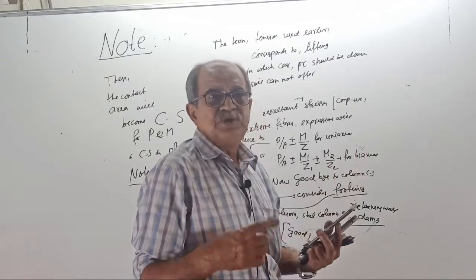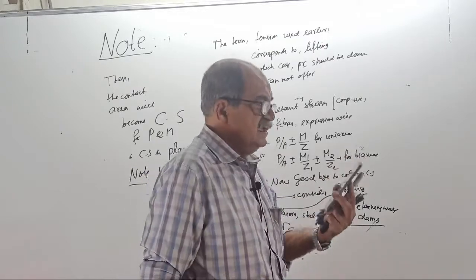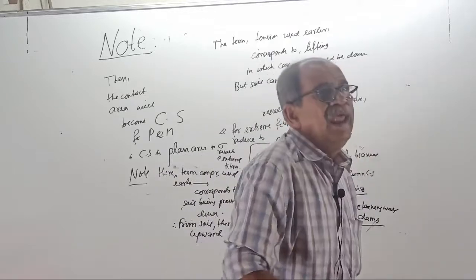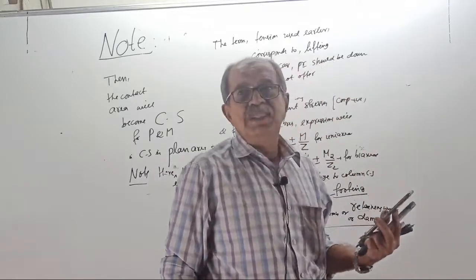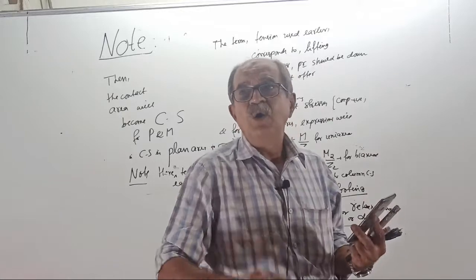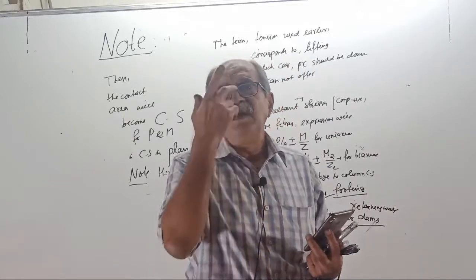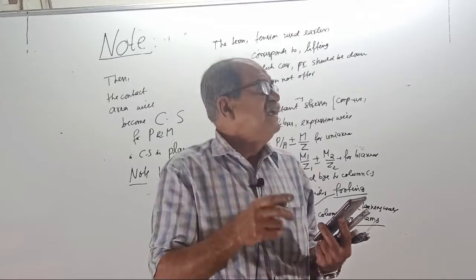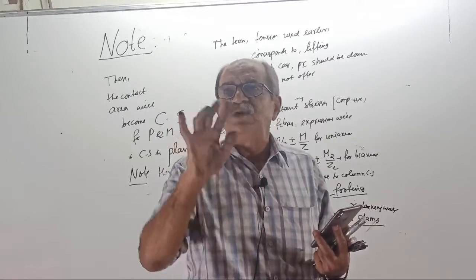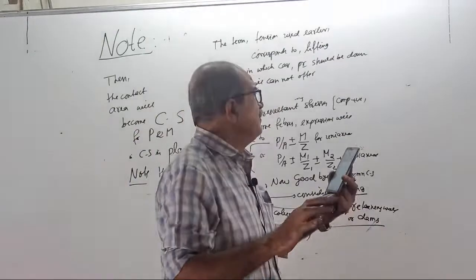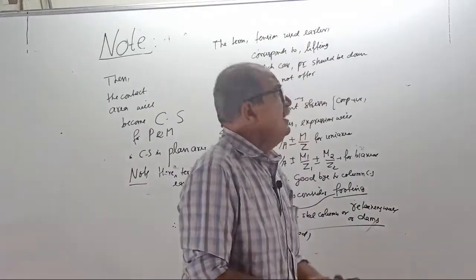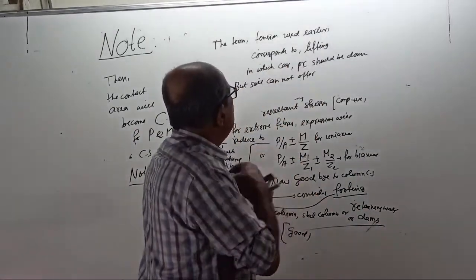When it is lifted here, the soil has to pull you down. Will it pull you down? No. Pulling down will come only in steel, when a base plate is provided with anchor bolts. You worry about that later. Under normal case, tension means lifting.